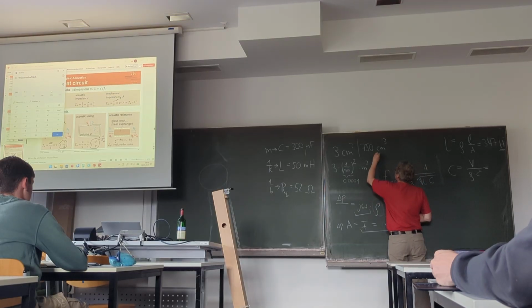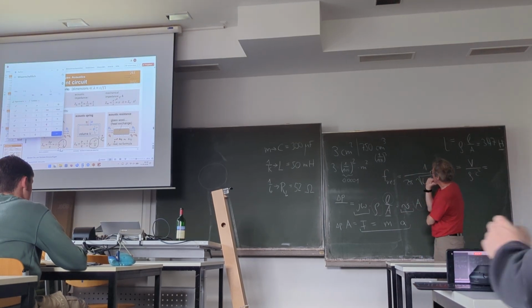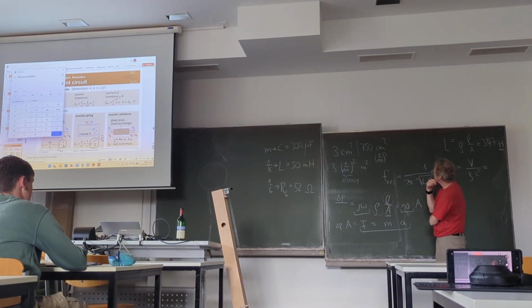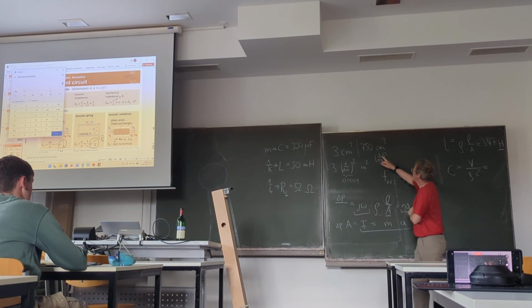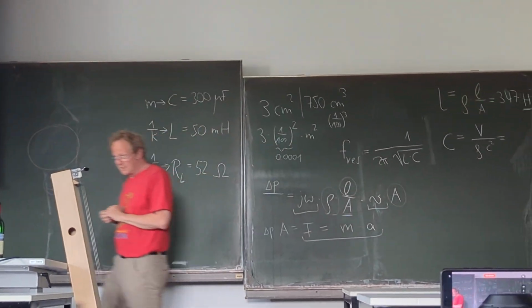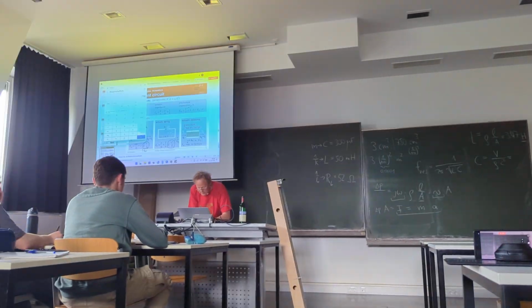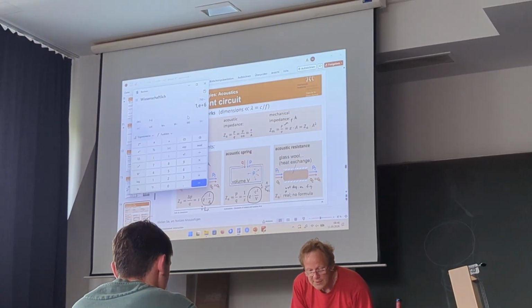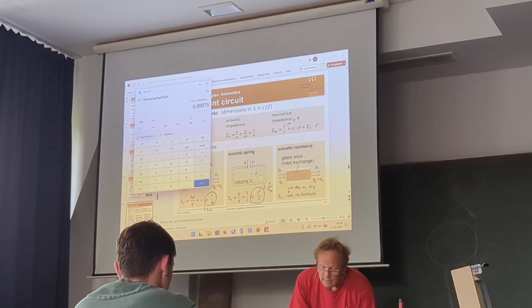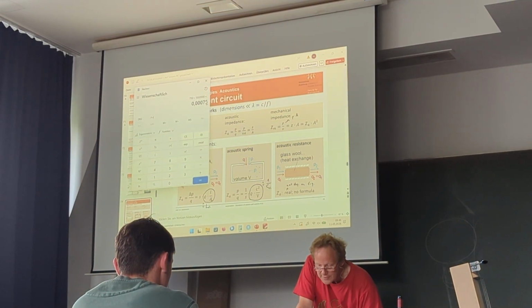So we have 100 to the third, so we divide by 1 million. This value divided by 1 million, and then we have cubic meters. So 750 divided by 1 million should be the volume in cubic meters.